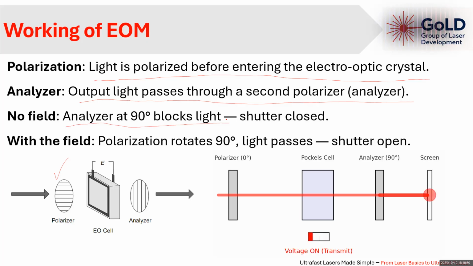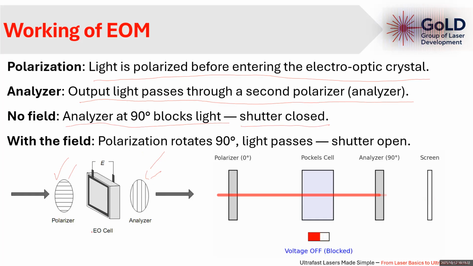No field, analyzer, this one and this one. It lets the different polarization pass through. So when there is no field, the light is passing through the crystal, but this light will not enter the system or the cavity because of this analyzer. Okay. So in this case, shutter is considered closed.